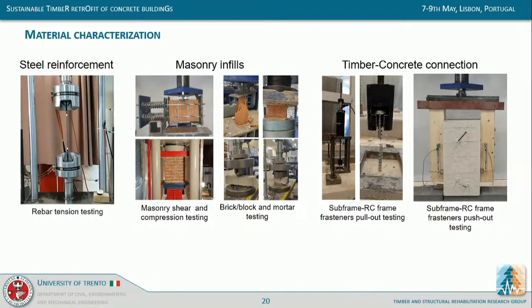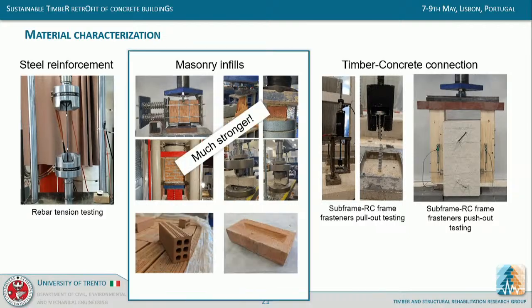Then some typical material characterization tests were performed. And as always, not everything was as expected in advance, otherwise it would have been pointless to do those tests. For example, the available material for the infills proved to be much stronger than anticipated, with a higher strength and stiffness.